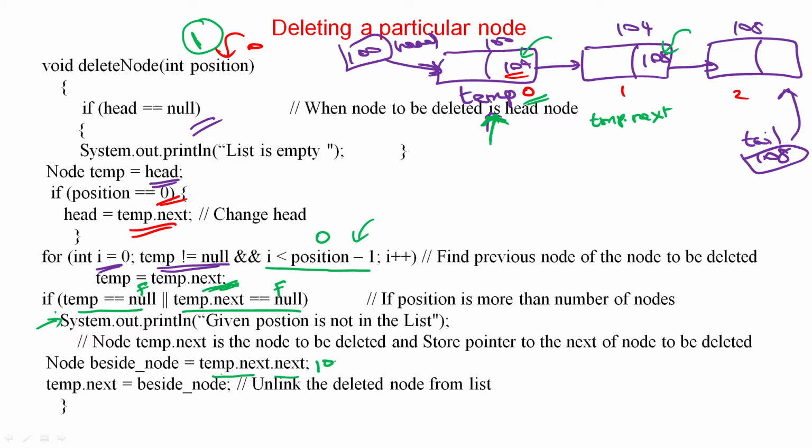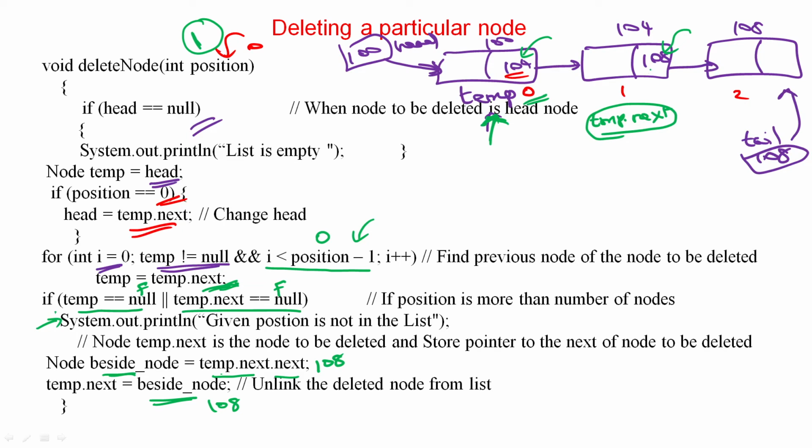So 108 is the node beside it. Now temporary dot next will become 108.